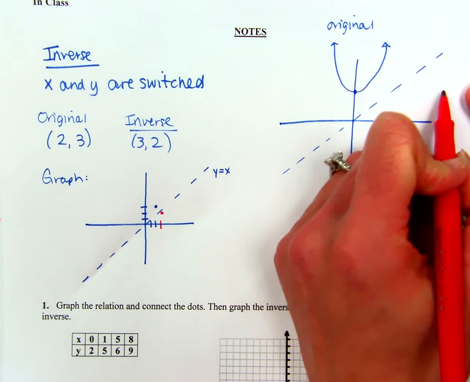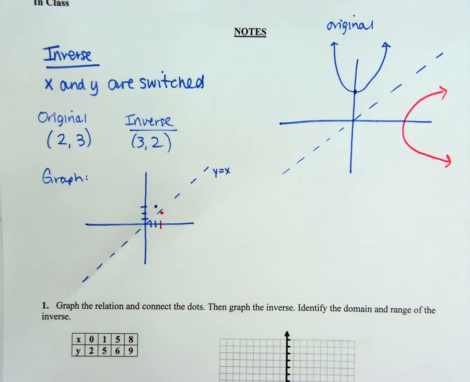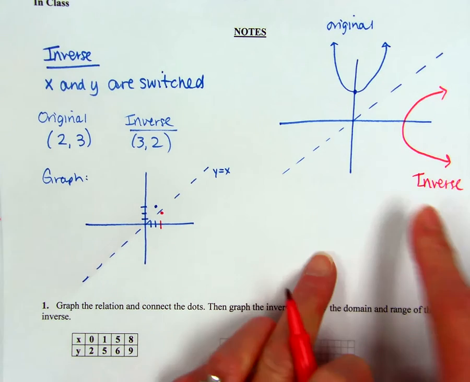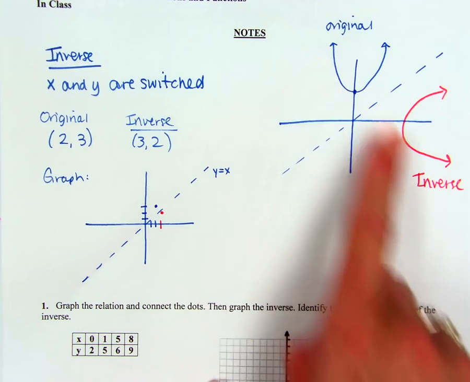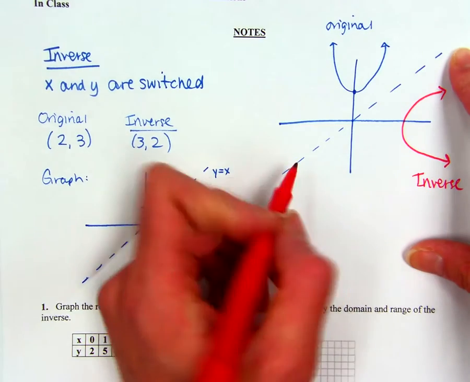So basically you'd have a parabola that looks like this. Okay, this is the inverse. So graphically, this is how you could compare the original to the inverse. They would be symmetric over the line y equals x.